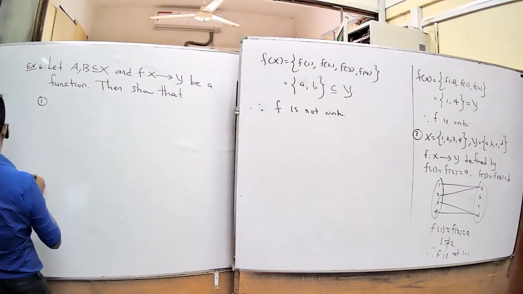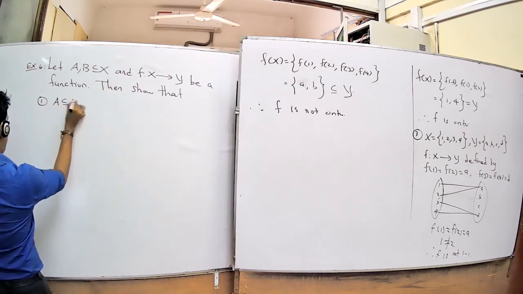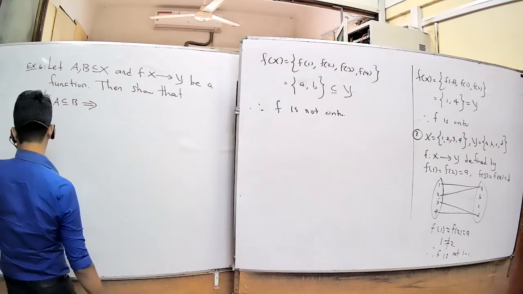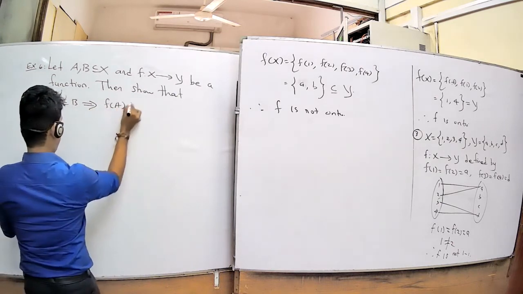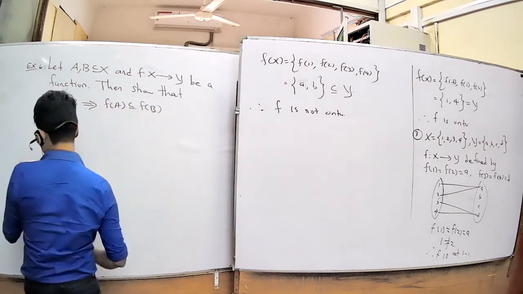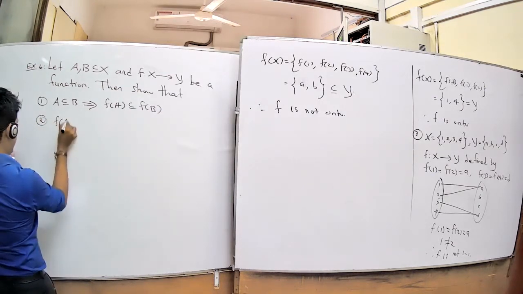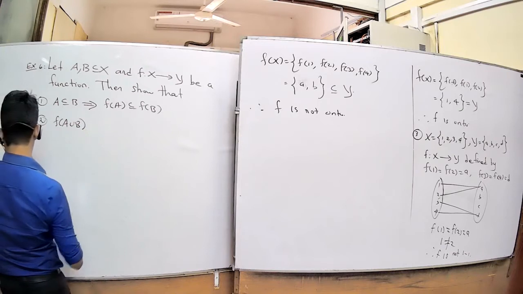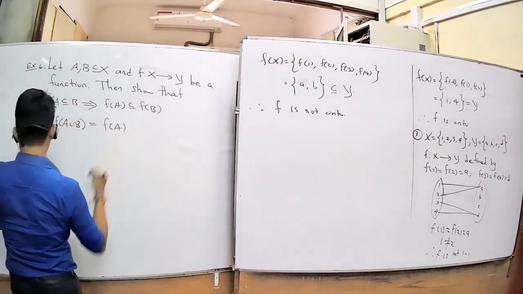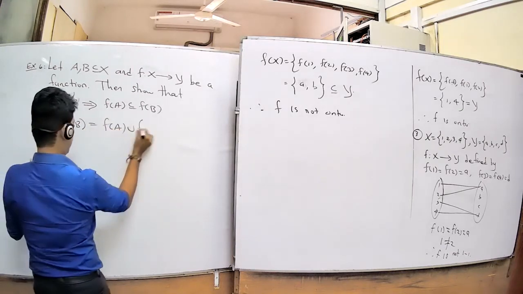First one, A subset of B implies f of A subset of f of B. Second condition, f of A union B equals f of A union f of B.